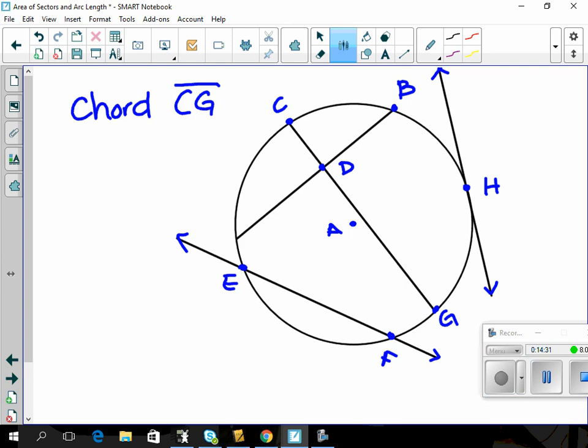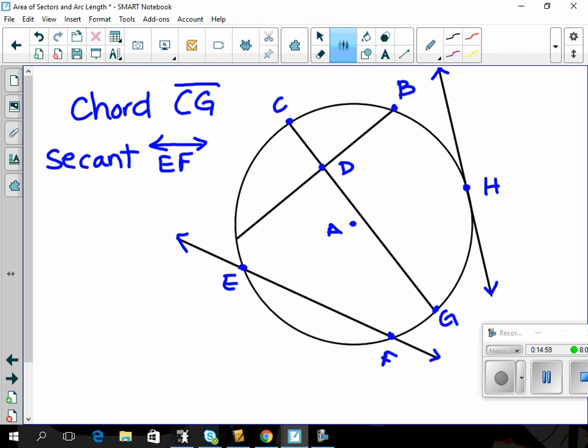How about a secant line? Think about what you just did with the vocabulary. By the way, I just gave you a hint. It's a line, so it has arrows at the end, and it passes all the way through the circle. So EF, very good. EF is called a secant line.